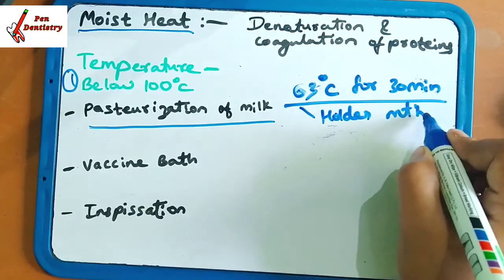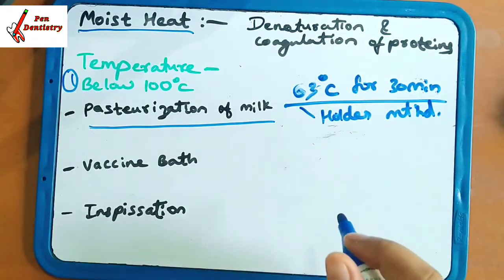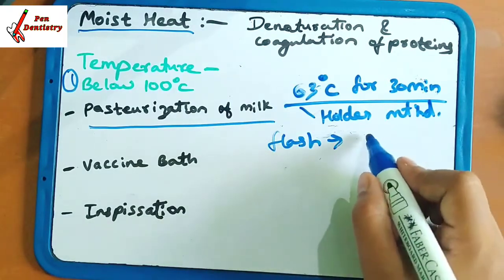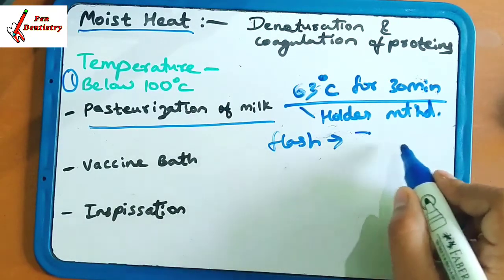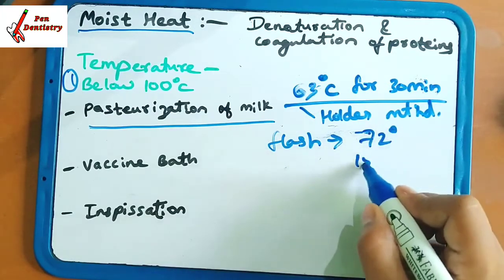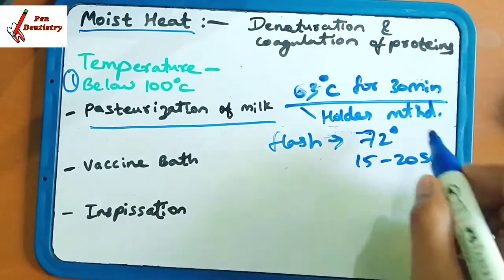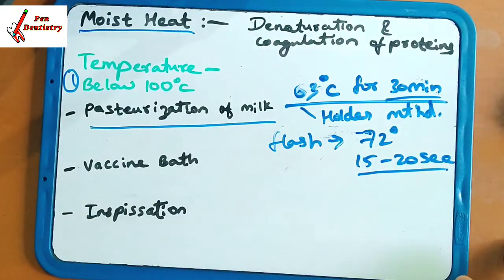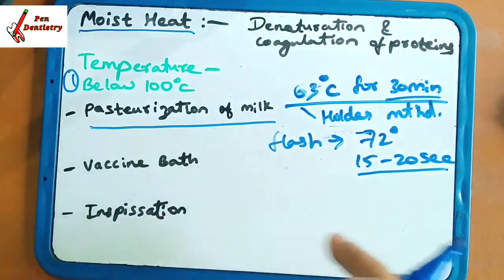And the second one is the flash method. It is used for 15 to 20 seconds at a temperature of 72 degrees. Here it is 30 minutes and there it is seconds. Organisms like Mycobacterium, Salmonella and Brucella are killed in the pasteurization of milk.